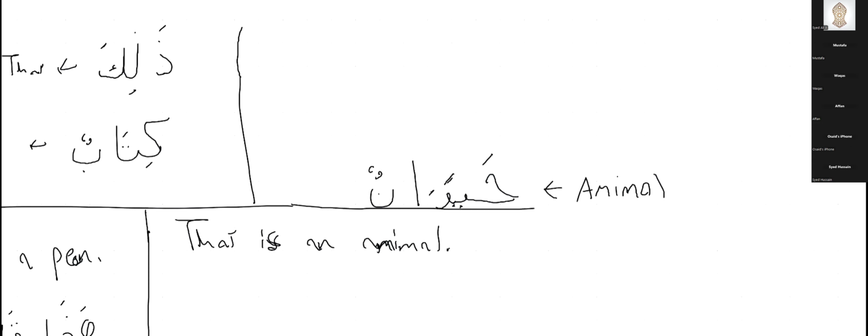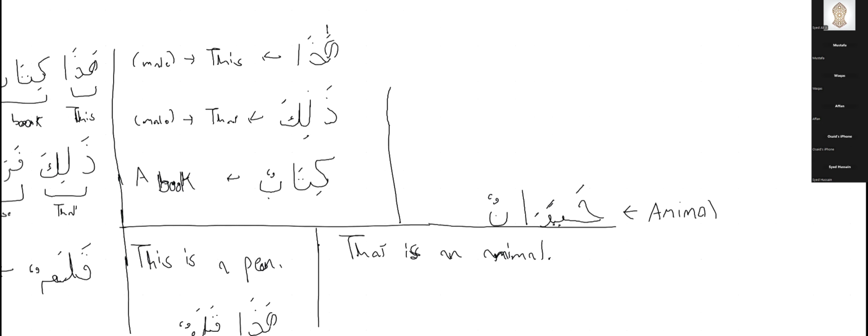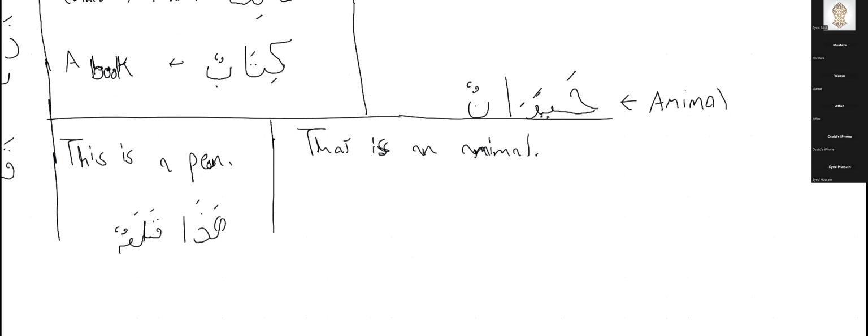Masroor, tell me what that sentence would look like in Arabic. That is an animal. Yeah. ذلك حيوان.